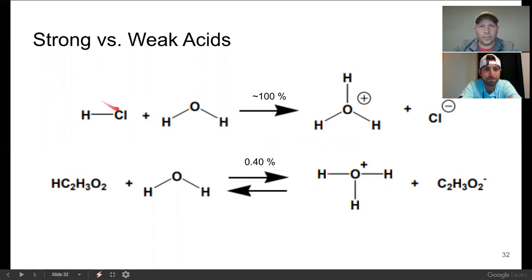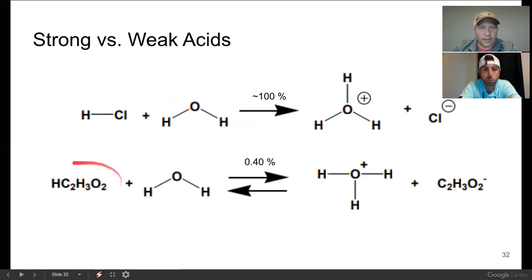What's the difference? It has to do with dissociation. When hydrochloric acid, which is actually called hydrogen chloride, is dissolved in water, 100% of it reacts with the water and dissociates into hydronium ions and chloride ions. The hydronium ion is the part that really eats your face off, and 100% of hydrochloric acid will dissociate into it.